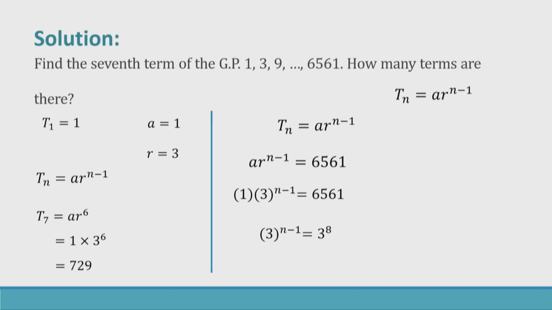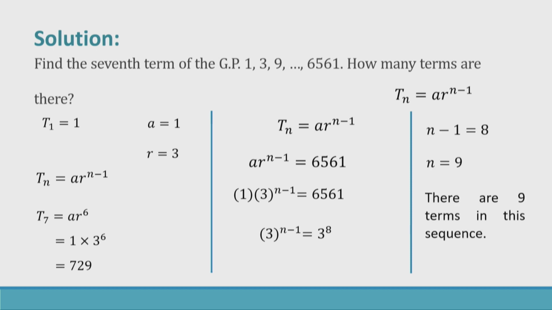So 6,561 can be written as 3 power 8. Now I compare and I get n minus 1 equal to 8. Therefore n equal to 9. That is, we have 9 terms in this sequence.